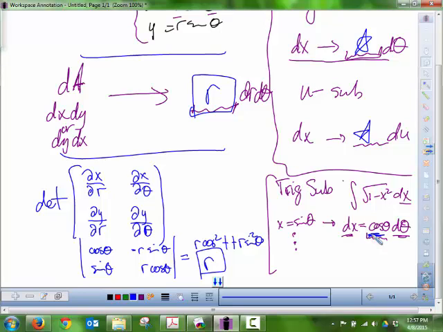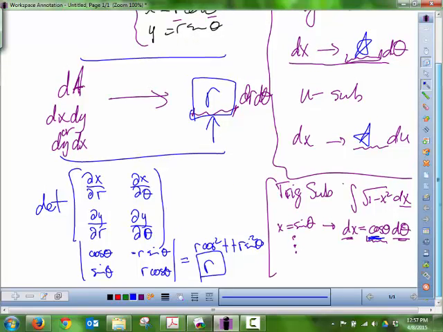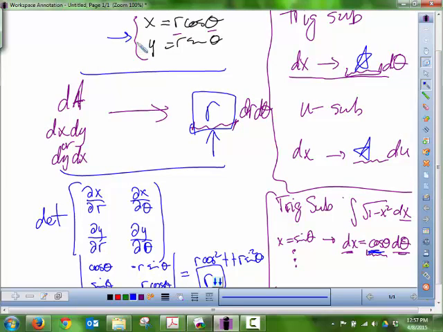So the reason why they don't do this at this point is because every time you do a polar coordinate, this is always going to be your derivative, because this is always going to be your transformation. So it's really not worth talking about this unless we really have to. And what happens in a lot of calculus textbooks is that they really just do the geometry of that transformation, and then they save this information about this special derivative for the end of this chapter.